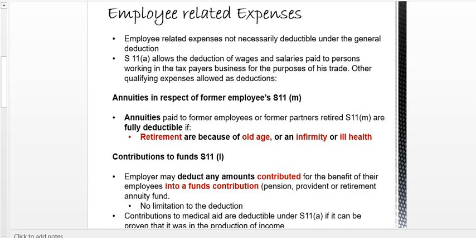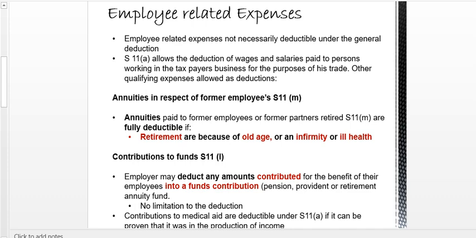So any pension fund, provident, or retirement annuity fund, that is a specific deduction allowed which the employer may deduct from his taxable income. And there's no limitation to these deductions. So if an employee has a pension fund, a provident fund, and a retirement annuity fund which the employer pays, then you may deduct all of those.